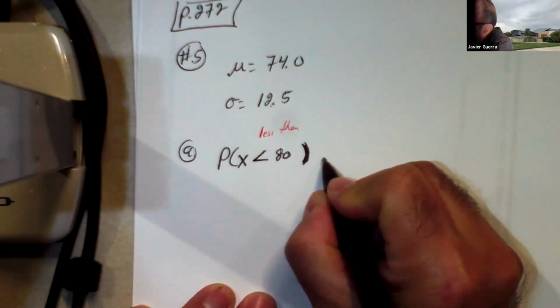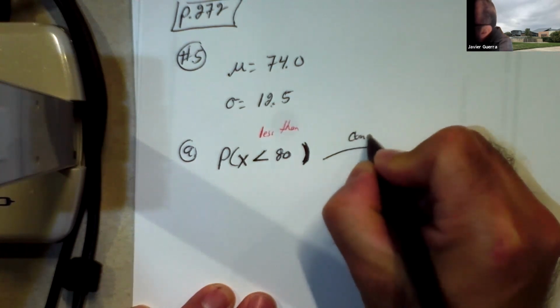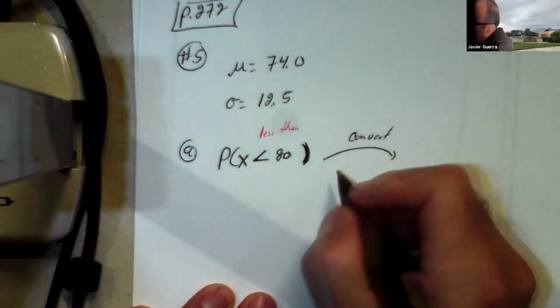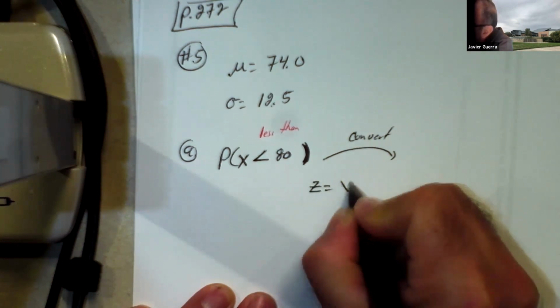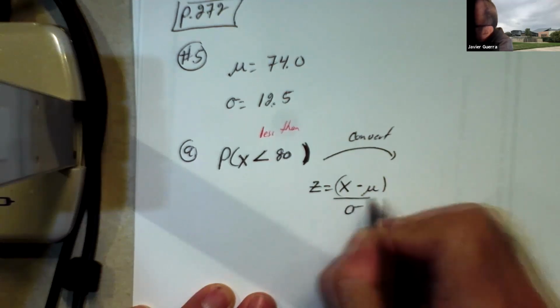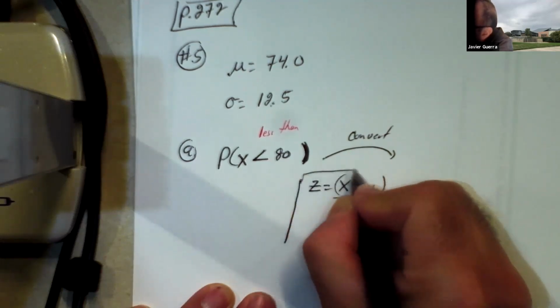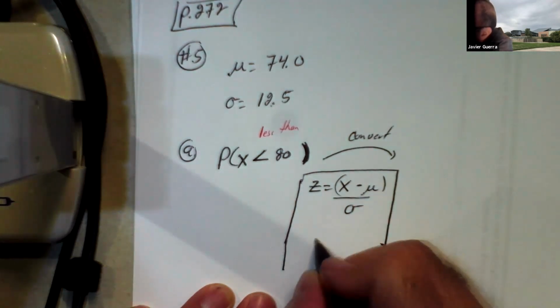So now I'm going to convert. All right, so I'm going to use my old faithful formula, Z equals X minus mu over sigma, right? And I'm going to plug in my numbers.